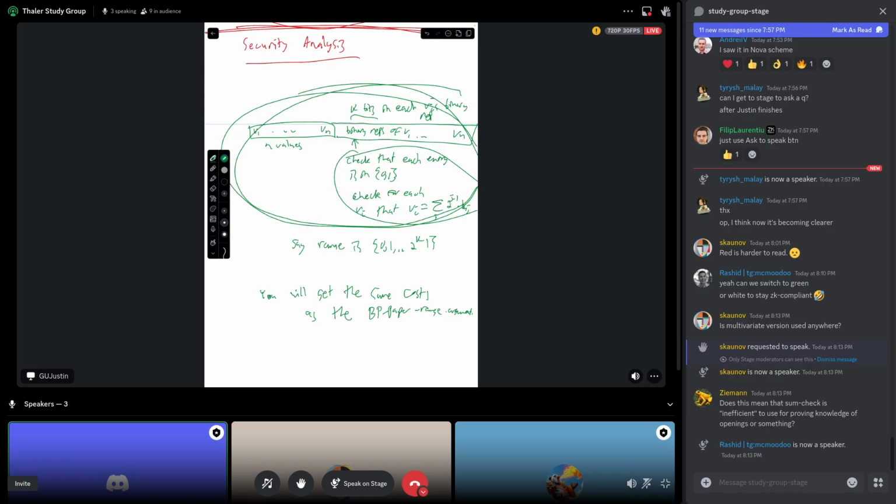Yeah, I'd say most applications today are still kind of stuck in univariate land. One of my big goals is to get out of that because it leads to a much slower prover. So Bulletproofs does directly apply to multilinear.